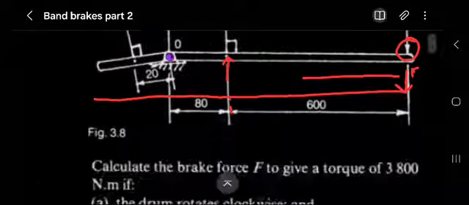So 2.79 T2 minus T2, into the radius of this drum. What is the diameter there? It is 900. You divide this by 2, so this will be 450 millimeter. Then you divide by 1000, so it is 0.45 meter. That is our radius, multiplied by 0.45.